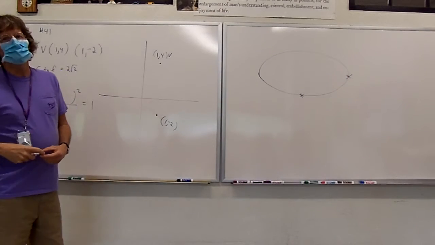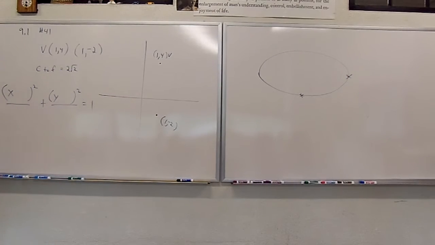No. Vertices are always where you get the greatest change in direction. If you're driving your car and that was the road you were following, where would you have to turn it the most?